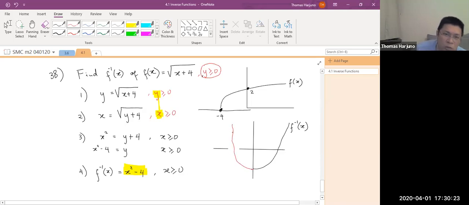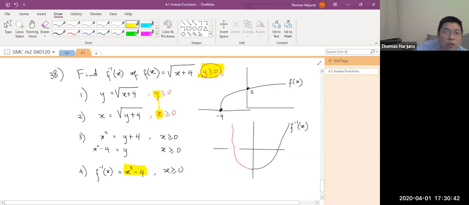Okay, but that's not one-to-one. Now, the inverse of this not one-to-one function should not be a function. Remember our discussion earlier. So in this case, you have to pay attention to the restriction. In this case, the range is restricted.